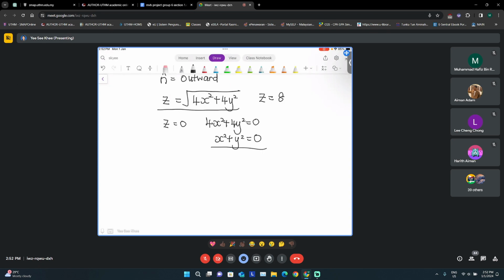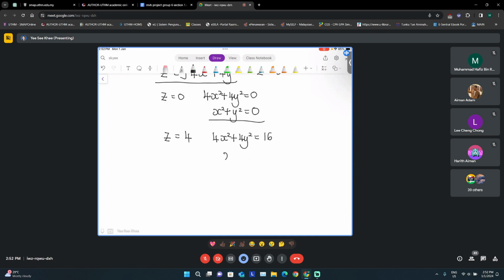When you continue to increase z, for example to 4, you get 4x squared plus 4y squared equals to 16, because I removed the square root. So x squared plus y squared will be equal to 4, so it's a circle with radius 2.